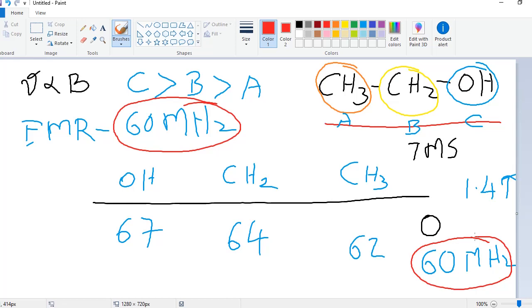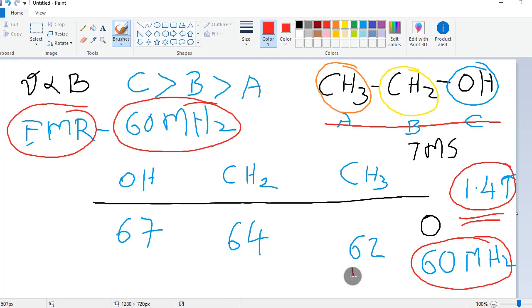In order for the other protons to undergo resonance, we need to either change the electromagnetic radiation or change the magnetic field. In case of NMR, the magnetic field is changed. That is, we go on reducing the magnetic field. So let us say when we reduce the magnetic field to 1.39, this becomes 60 and it undergoes resonance and shows a peak.